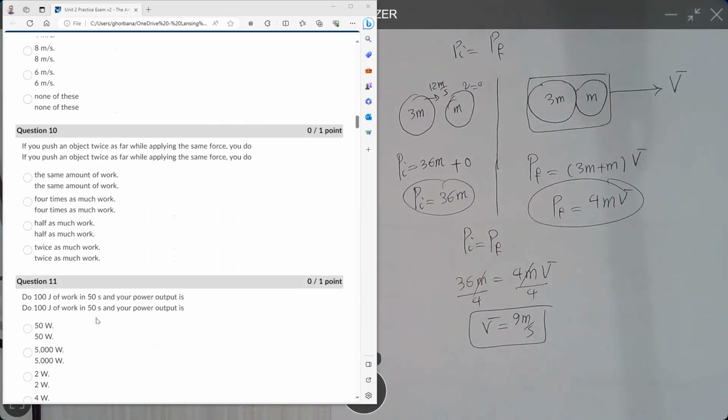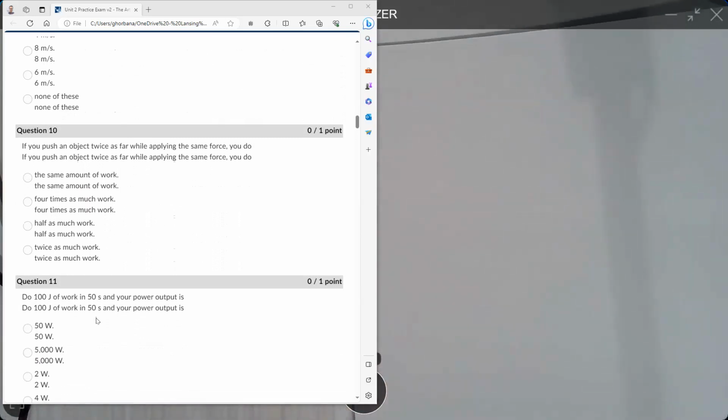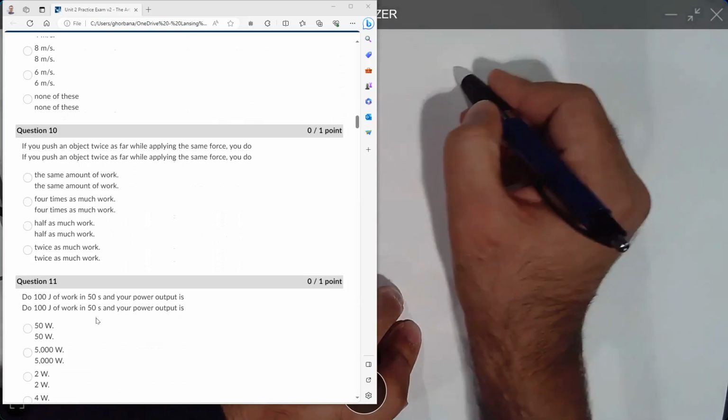Okay. Next problem. If you push an object twice as far while applying the same force, do you do the same work, 4 times as much work, half as much work, or twice as much work? So what is the formula of work?